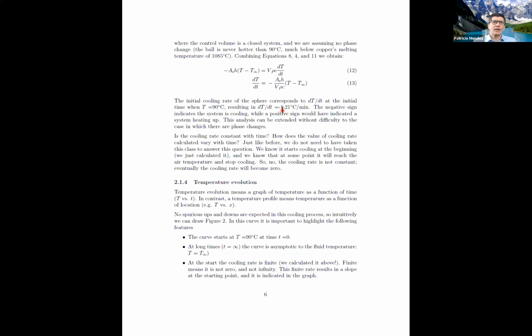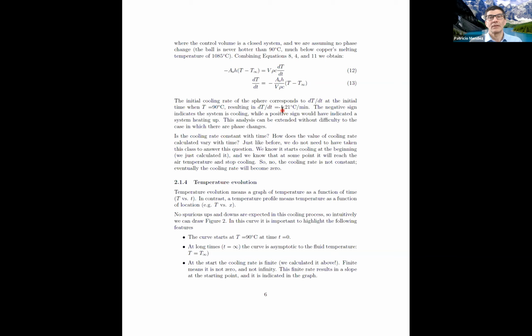Without doing any math, we know what temperature the sphere starts, and we know what temperature the sphere finishes. No math involved. Then, with a tiny bit of math based on our knowledge of heat transfer mechanisms, we can know what the rate of energy loss is in the sphere.